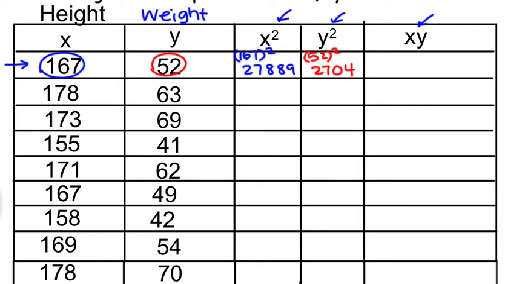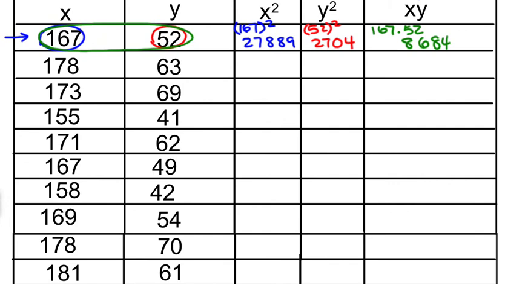Then you're going to multiply these two numbers together. 167 times 52 equals 8,684. Okay, so imagine we go through the next person, the next person, the next person. I'm just going to go ahead and give you these numbers. So we'll pretend we've gone through and calculated them all. You know, the calculator's going to be your friend on this problem. So again, we're just squaring the x right now.